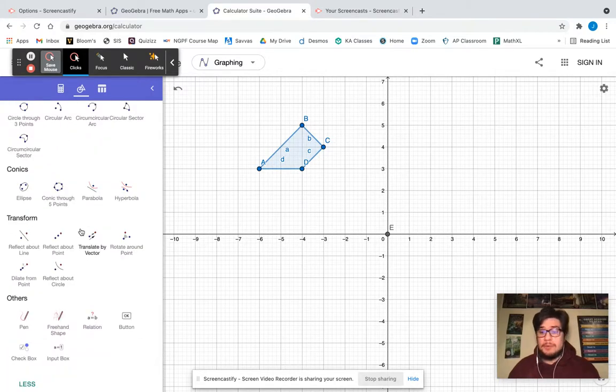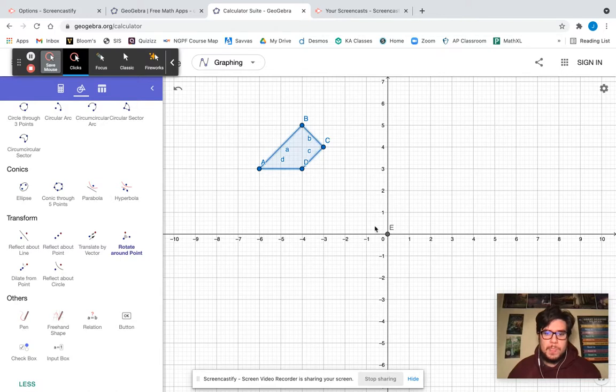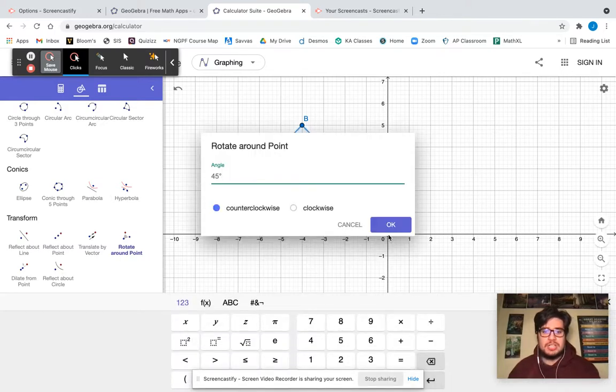So when we rotate about the origin, we are technically rotating around a point. So let me click here, rotate around point. We're going to click here, and we're going to click on the actual point of the origin. Now, it'll ask us here, what kind of rotation do we want to make? So we mentioned this already, and we'll continue to mention this. When we talk about rotation, we will do it as generally a counterclockwise rotation. Okay?